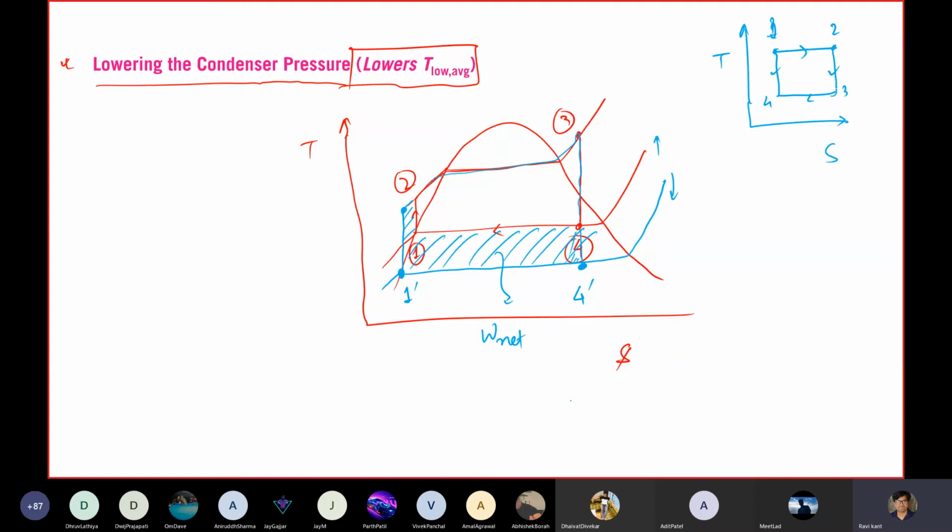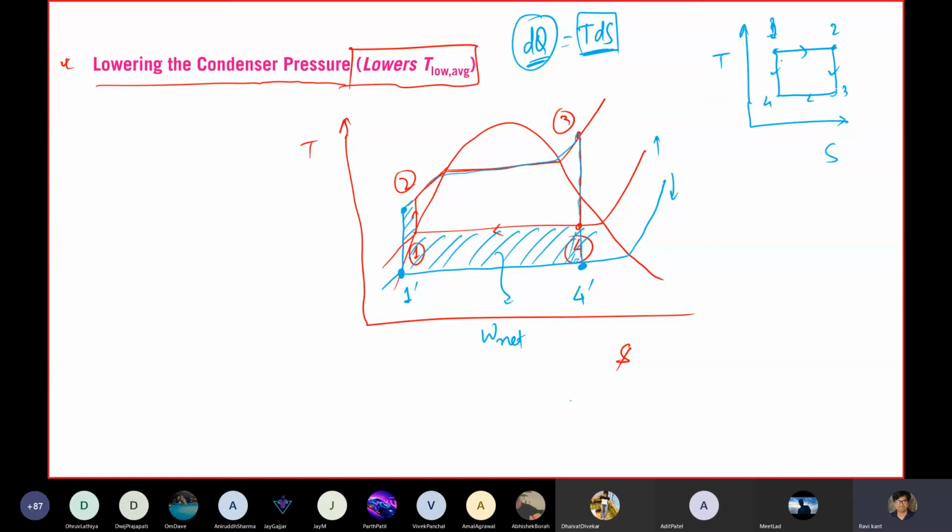So remember, TdS, what was that? It was the amount of heat that is being transferred. The area under this TS plot will give you the dq amount of heat that is going to be transferred.